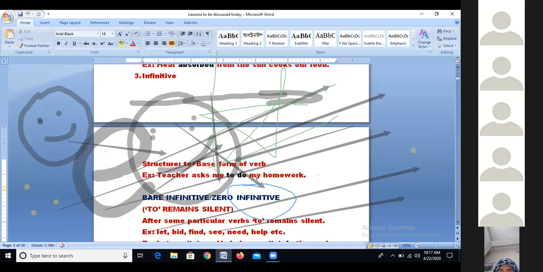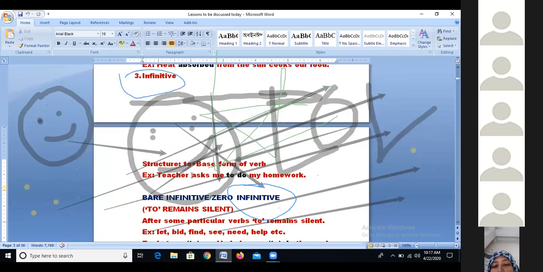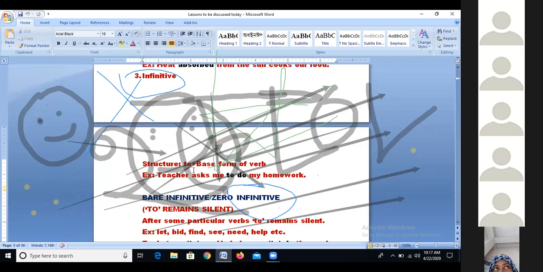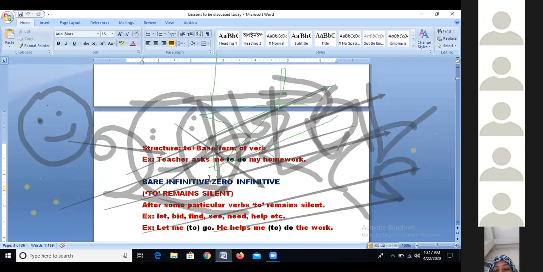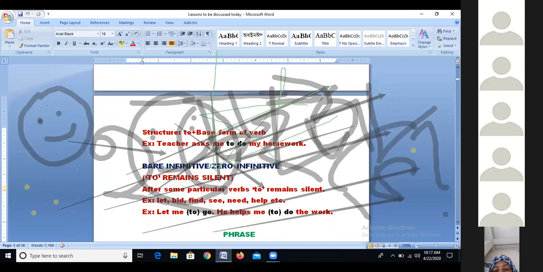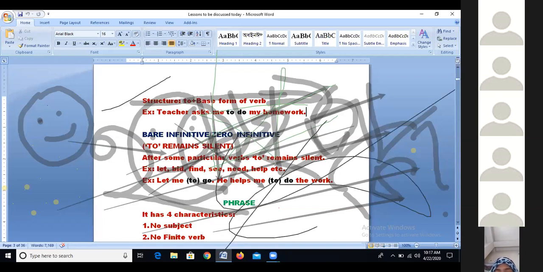So thus we find that non-finite verb has got several forms: present participle, past participle, and infinitive. Now infinitive may be bare infinitive or zero infinitive. If to remains silent in infinitive, then we will call it bare infinitive.